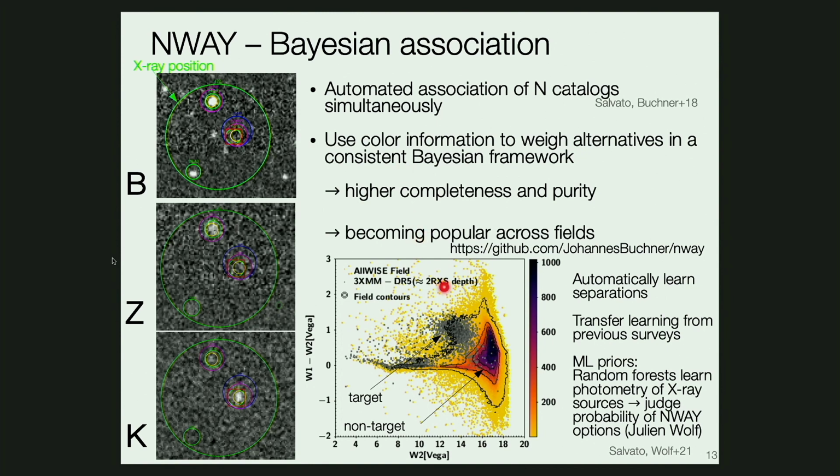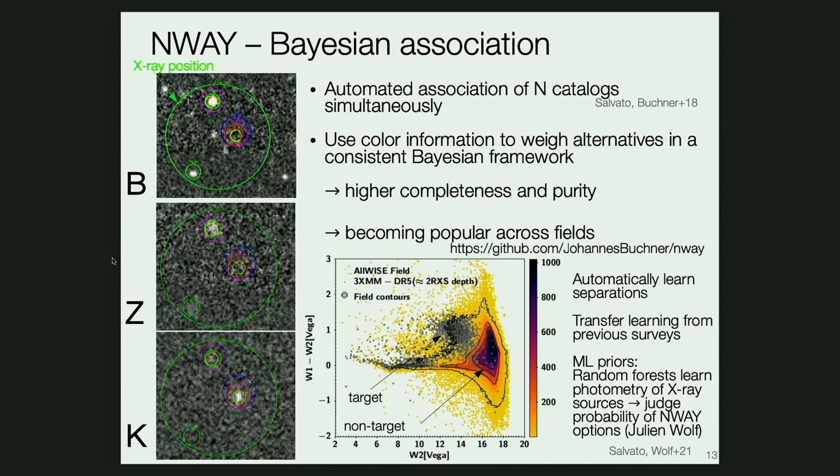and all kinds of other non-X-ray sources in yellow. You see they have different colors, and so you can train, for example, a machine learning tool to classify between them and assign the options that behave more like X-ray sources a higher probability. And we know, in fact, from many decades now of X-ray surveys, that the K band is a really good way of picking up X-ray emitting AGN, for example.